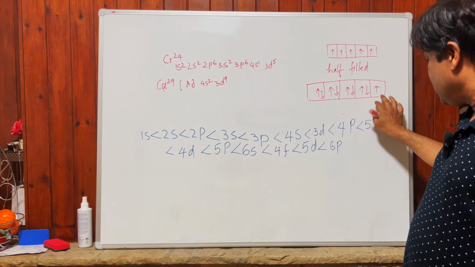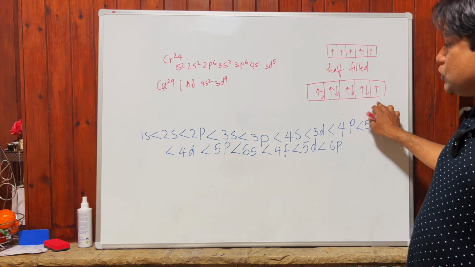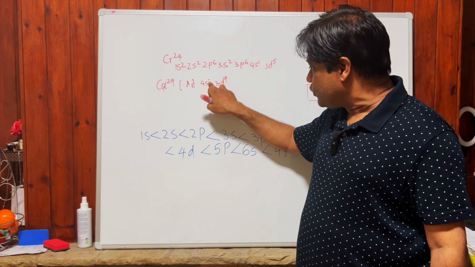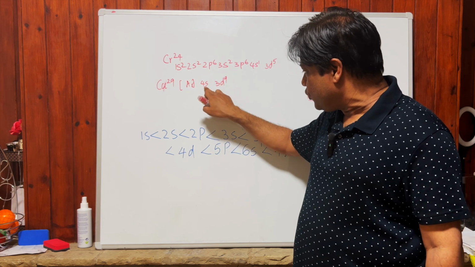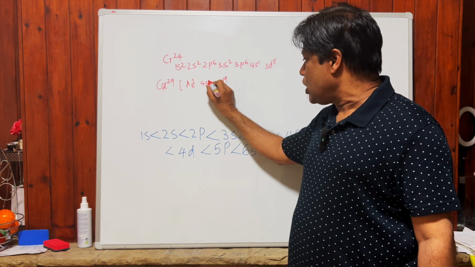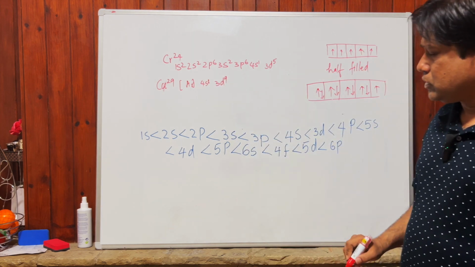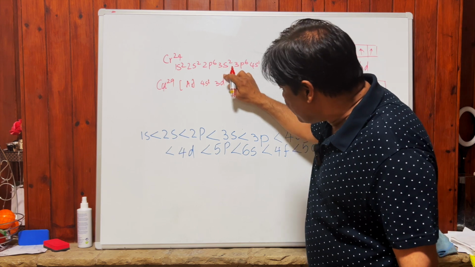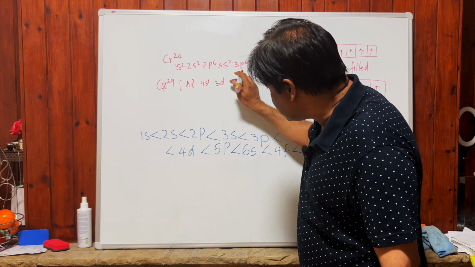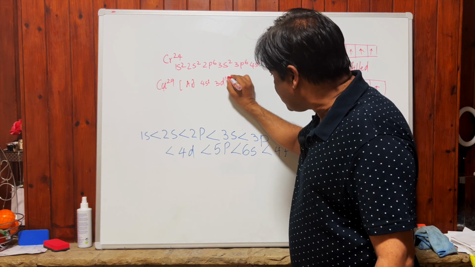Copper has an incompletely filled orbital here. So what we will do, because of the small energy difference between 4s and 3d, an electron can jump at room temperature from s to d. So we can write 4s1 3d10.